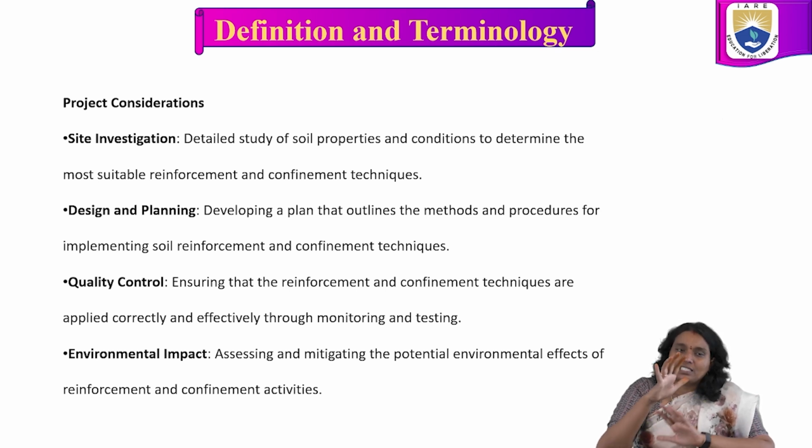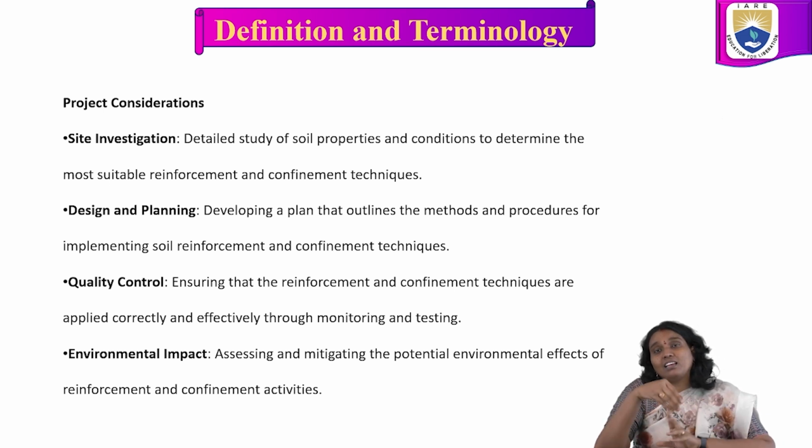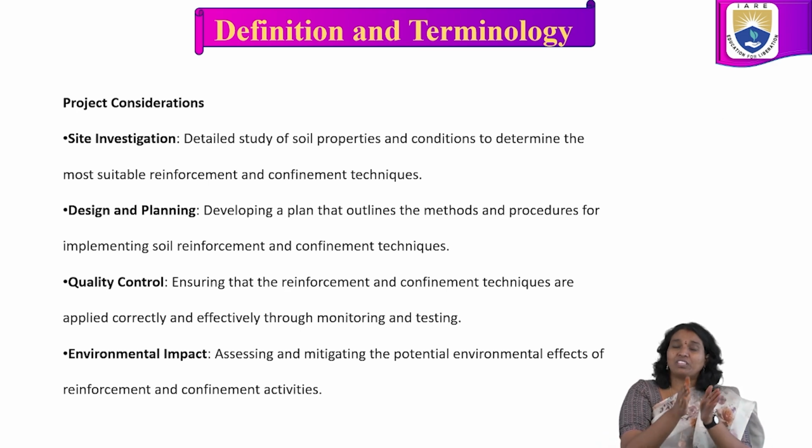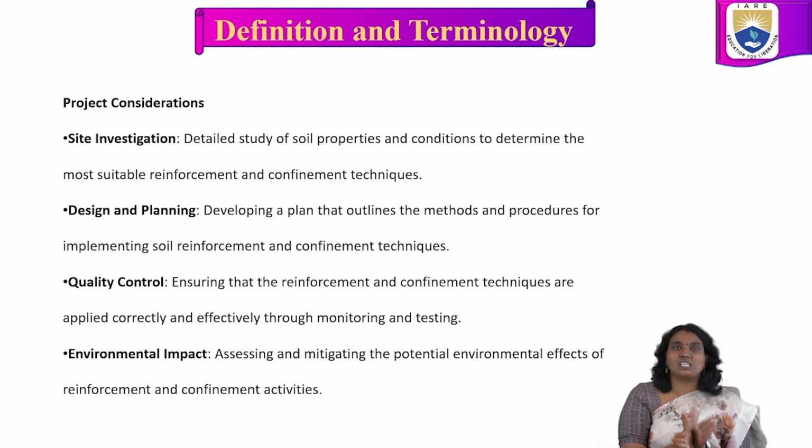As a civil engineer, we have to understand each and every aspect. Even when techniques are available, we must consider the safety and effectiveness of the particular project and also the cost. These are the parameters we consider for choosing.